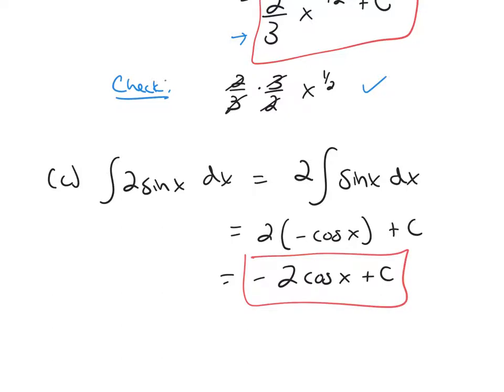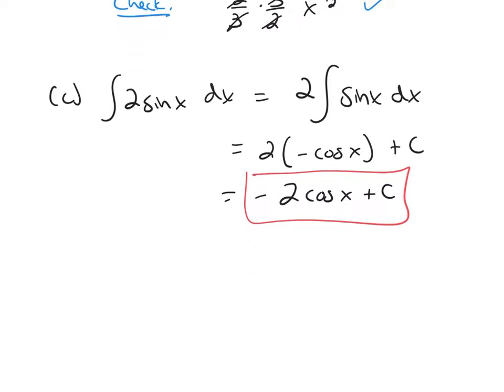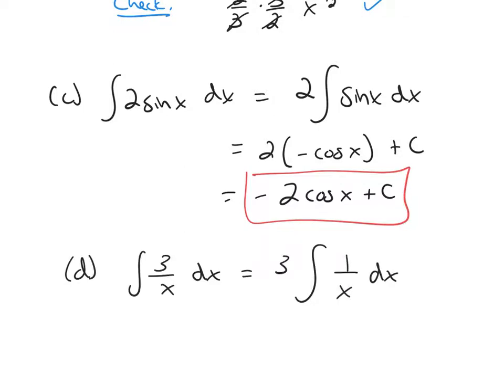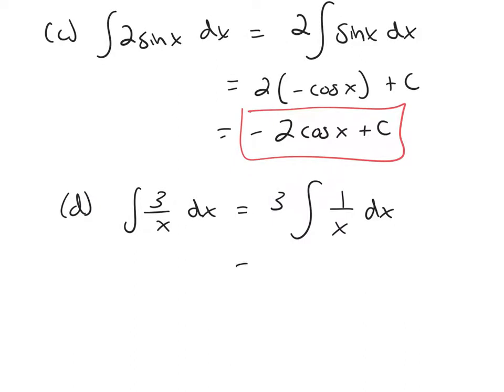And then one more. Let's look at the integral of 3 over x. Again, I can pull that 3 out. 1 over x, looking back at our basic integral rules, the integral of that is ln of x plus c.